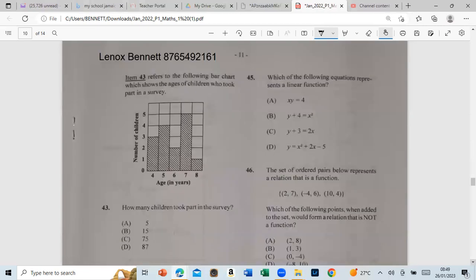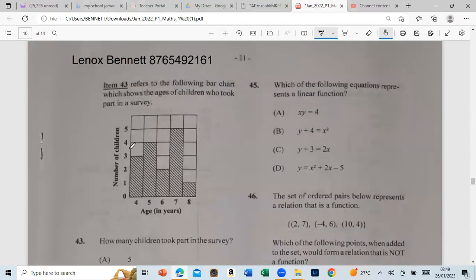Alright, let's move on to item 43. It refers to the following bar chart, which shows the ages of children who took part in a survey. How many children took part in the survey? So to find out how many children took part in the survey, we need the total. Alright, so we have 3 right here. This is 4. This is 2. I'm reading off this, right? This is the number of children.